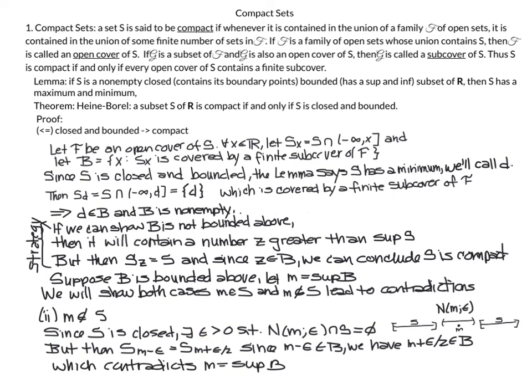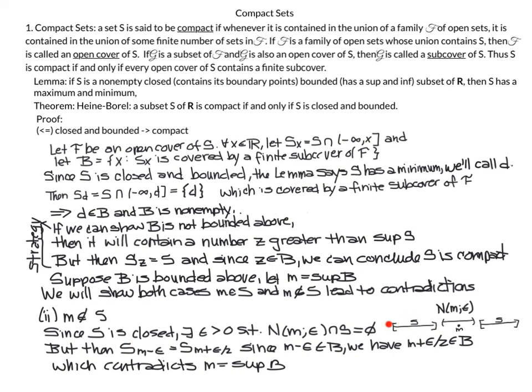Then S intersect with this boundary here, or negative infinity up to that boundary, is just this portion of S. If we compare that to Sm plus epsilon over 2, so that's halfway, if we look from negative infinity up to M plus epsilon over 2, the intersection with S is the same as Sm minus epsilon.